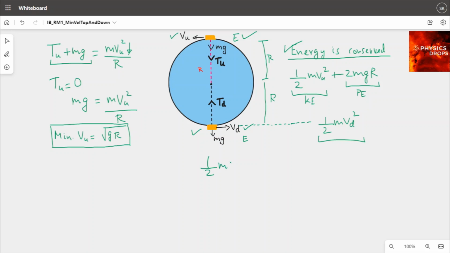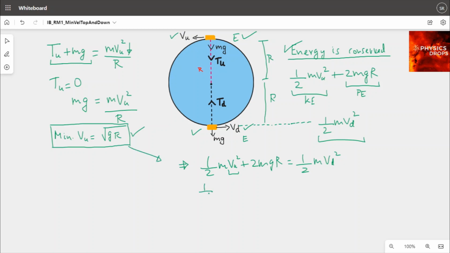We get half m Vu square plus 2mgr equals half m Vd square. Now, what do we know about Vu here? Let's calculate this for the minimum velocity situation. When the velocity is minimum also, the energies are equal. But we know that the Vu, the minimum velocity required in the up position, is given by square root of gr. Let's plug it into this equation.